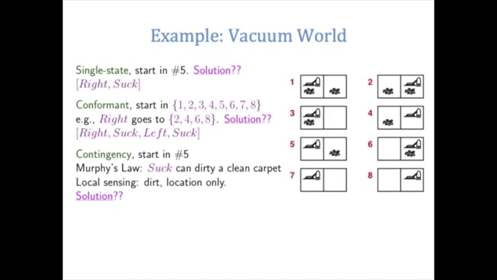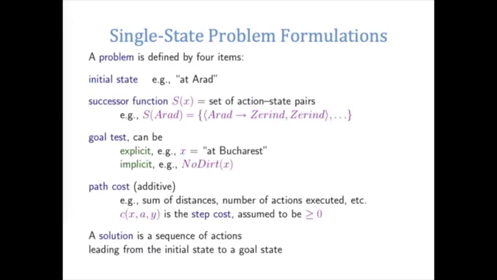So can we come up with a solution, an action sequence there? Well, then we just say, just like number 5, we say right, but only if dirt, then suck. We don't apply the suck operator unless the floor is dirty, because otherwise we run the risk of dirtying the carpet.